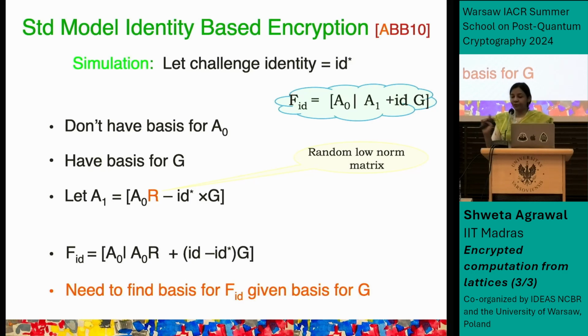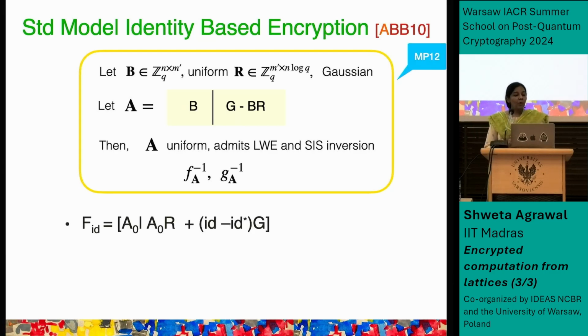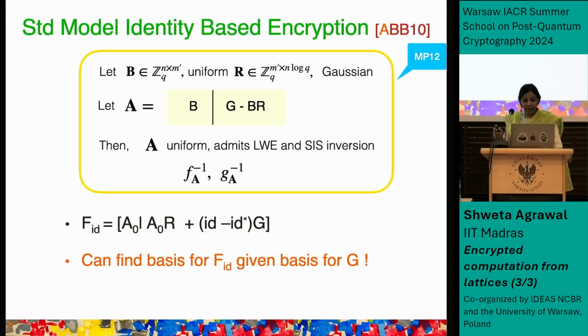Now I need to find a basis for FID, and I need to do this given a basis for G. So remember the takeaway from yesterday, which we've been looking at again and again. Here we notice that this FID actually looks the same as this, it's just that the notation is different.